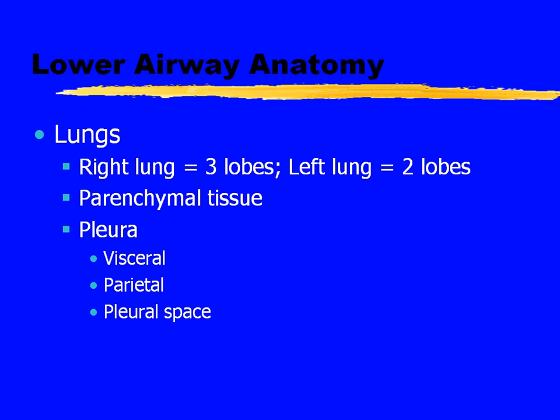Parenchymal tissue is basically a nice way of saying chunk tissue for all intents and purposes. The pleura has the visceral and the parietal layers. The emphasis here is to understand we have about 20 cc's of fluid between the visceral and parietal. It creates a little bit of a lubricant, and it also creates an adhesion.